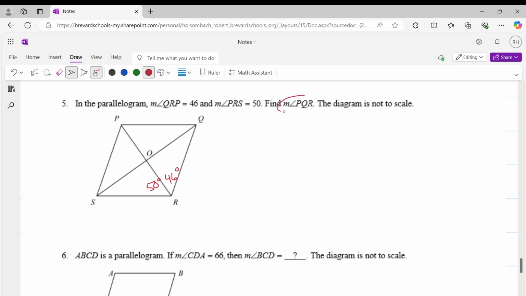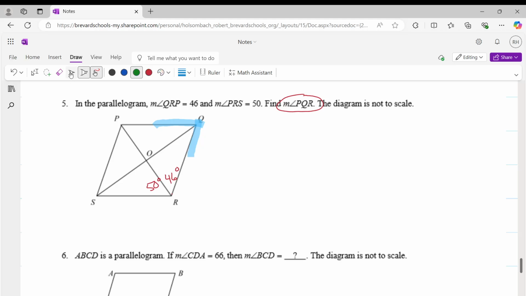Find the measure of angle PQR. So angle PQR starts at P, goes over to Q, and then down to R. So that's the angle that we need, the whole blue angle.